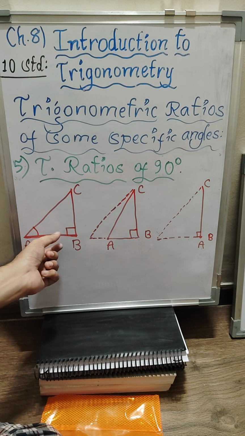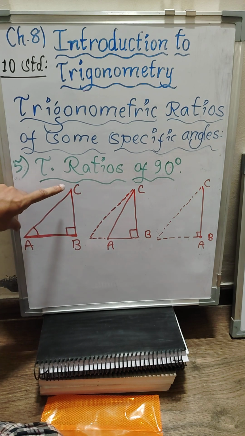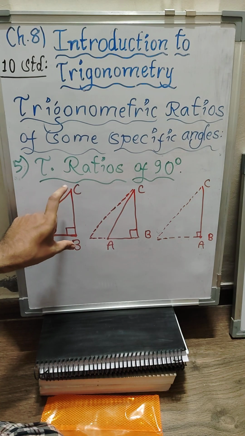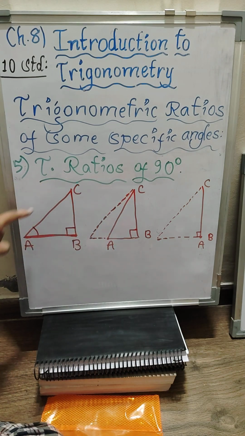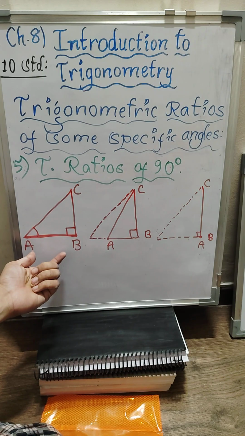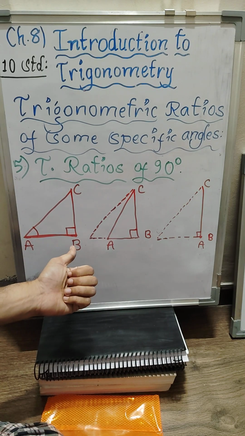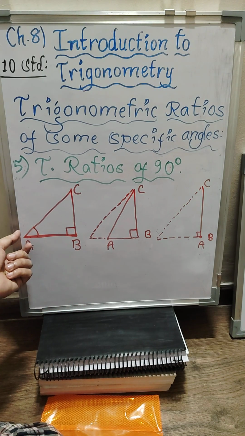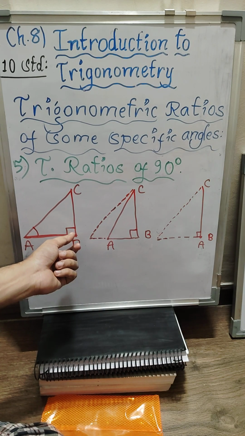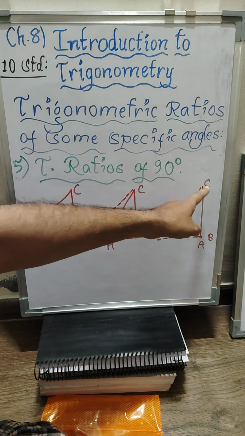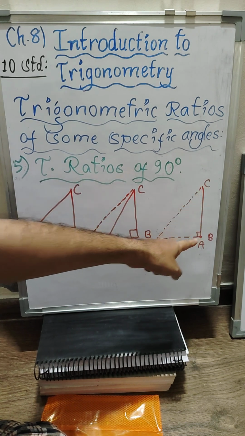That means the hypotenuse AC coincides with BC here. The length of AB is so decreased that A coincides with B, or else angle A becomes 90 degrees. This angle is coinciding with this angle. So finally this diagram becomes like this.